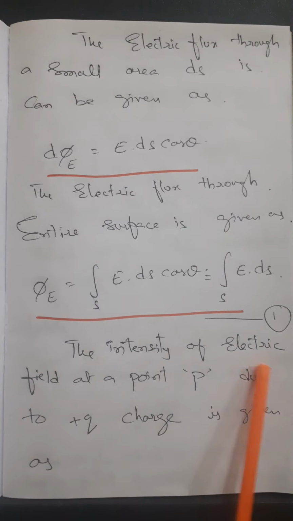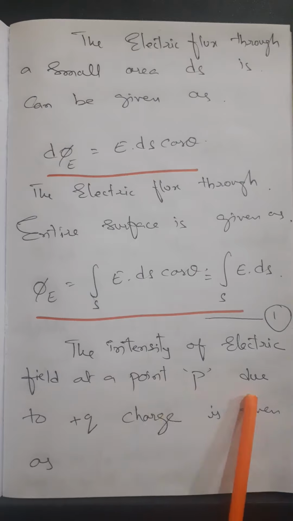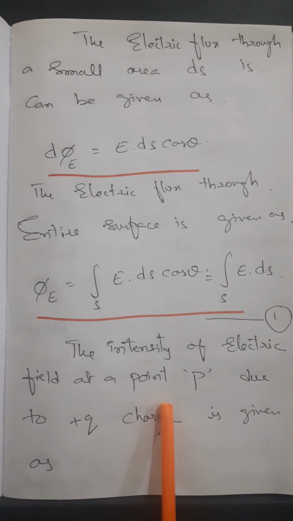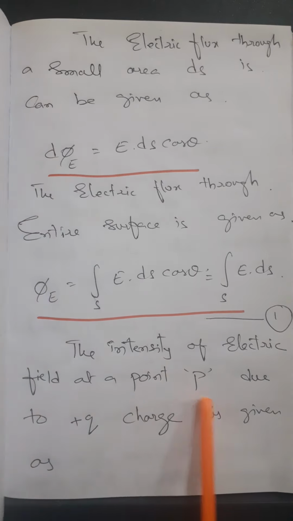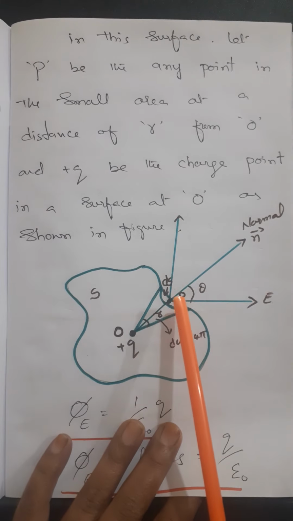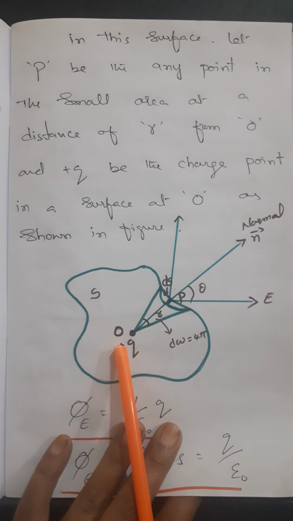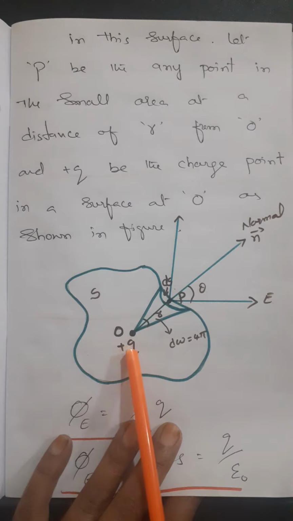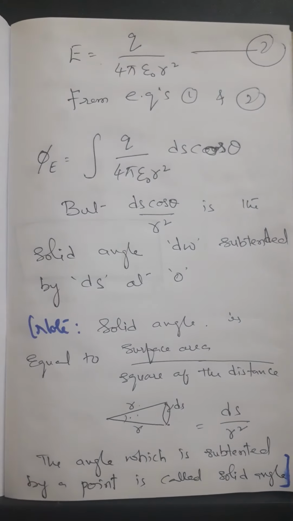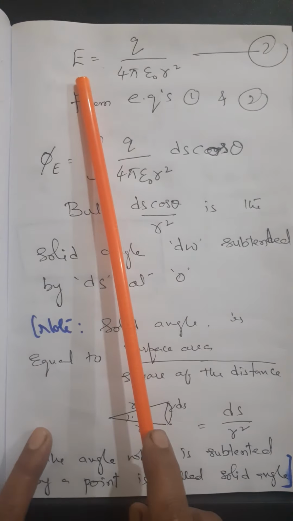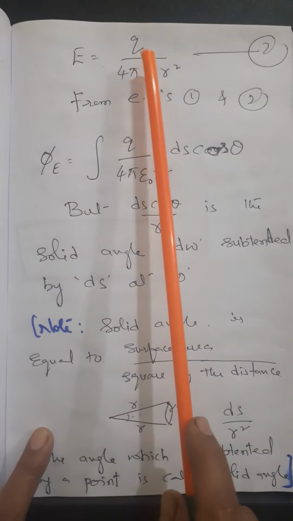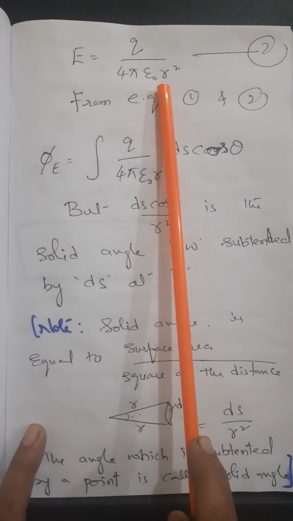Now we calculate the intensity of the electric field at point P due to the point charge plus Q. We know that the intensity of the electric field is Q by 4 pi epsilon naught r square.